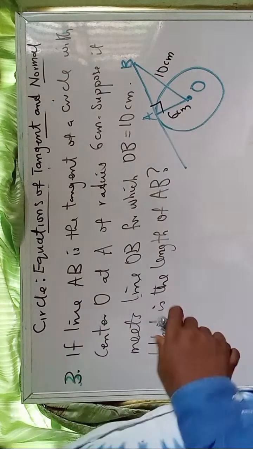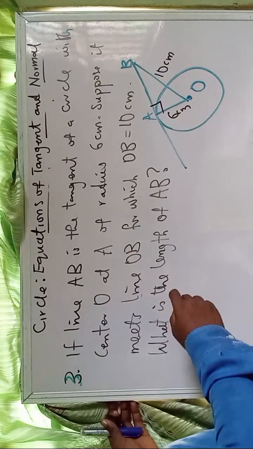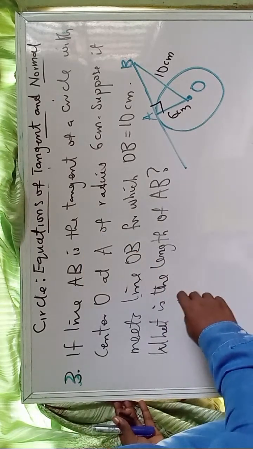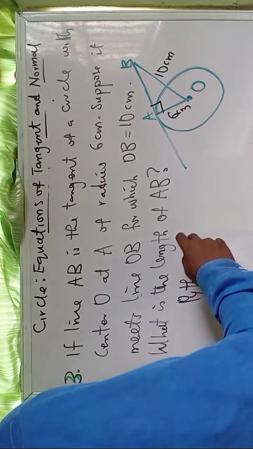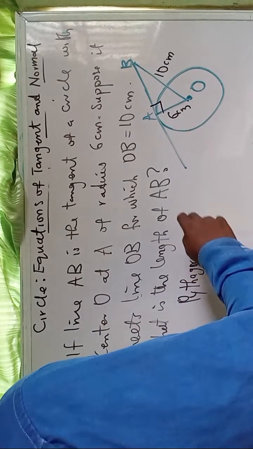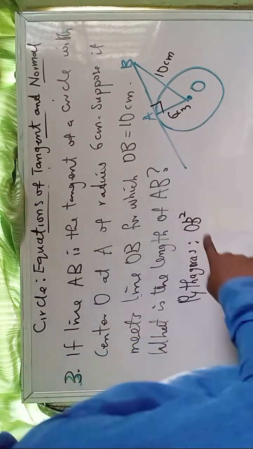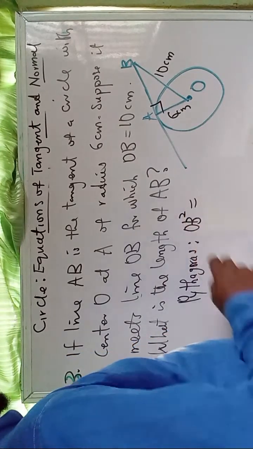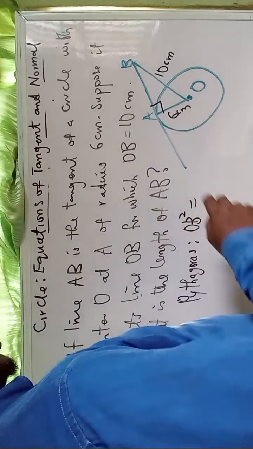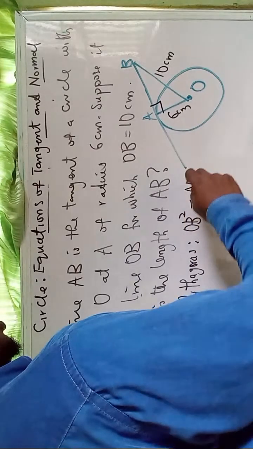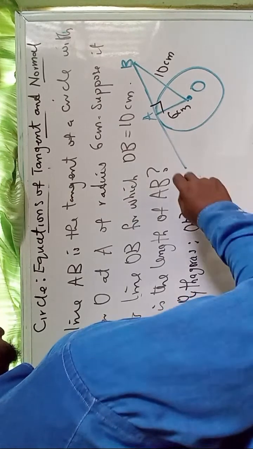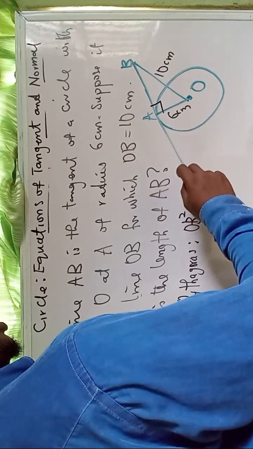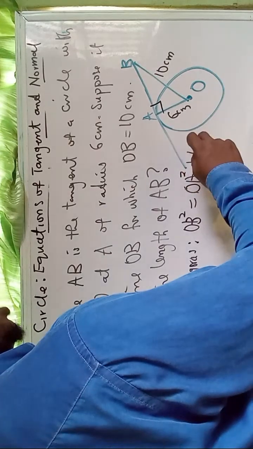And we can now use Pythagoras, which says the square on OB is equal to the square on OA plus the square on AB.